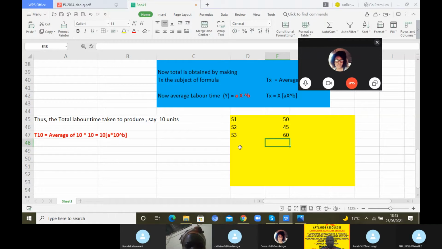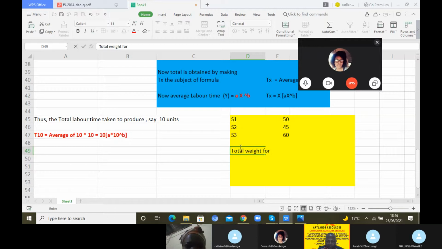Now, what is the total weight for the first two students, which is T2? Remember, total means T2. So total weight for the first two students equals 95.